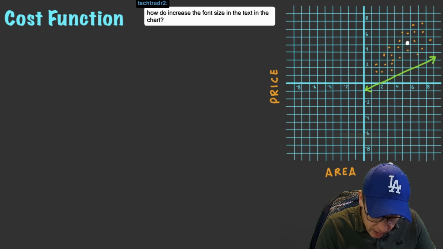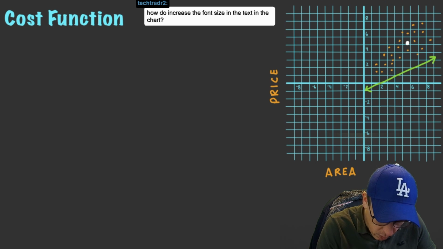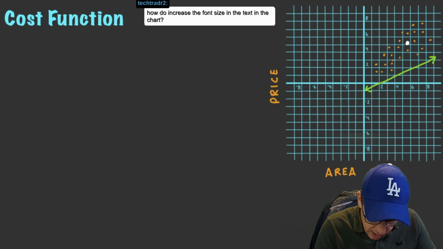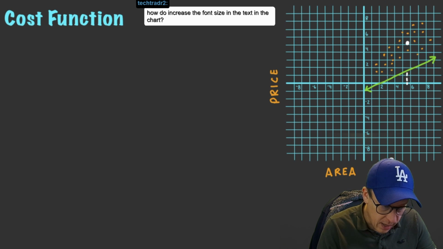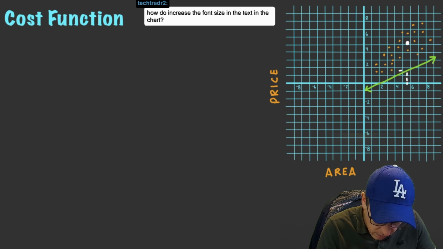Here is this line right here, and then we're going to have another point over here. So this is our false first guess for the value of that house. I'm referring to this white dot up here. This is an actual value, and this is our predicted value.